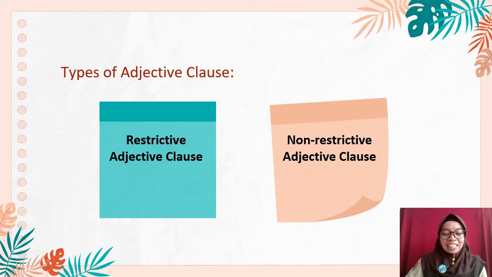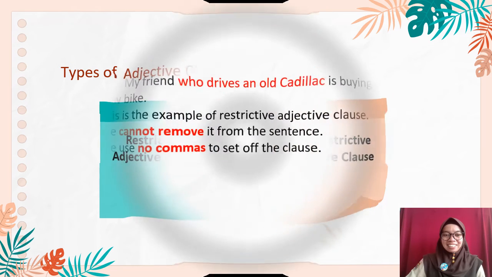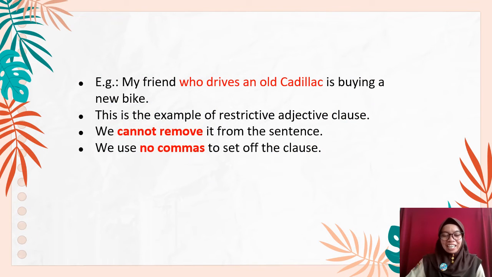There are two types of adjective clause. The first one is restrictive adjective clause and the second is non-restrictive adjective clause. Look at the example. My friend who drives an old Cadillac is buying a new bike.